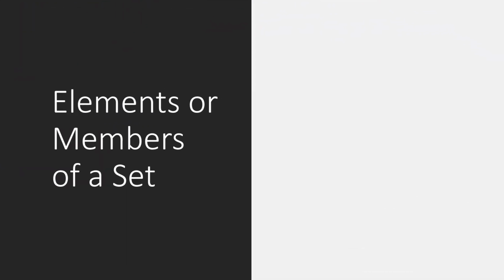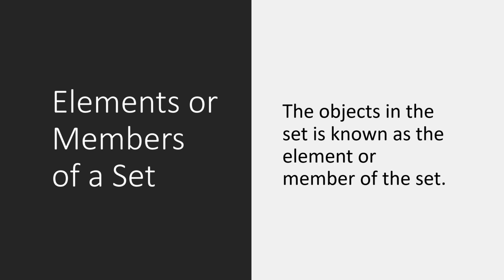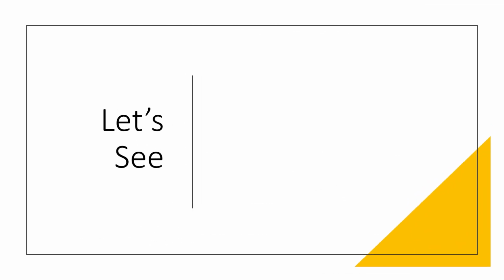Let's have another concept about sets: elements or members of a set. The objects in the set are known as the elements or members of the set. In this example, given a set of the first 5 counting numbers, we can say that A is equal to 1, 2, 3, 4, 5. So those are the first 5 counting numbers.